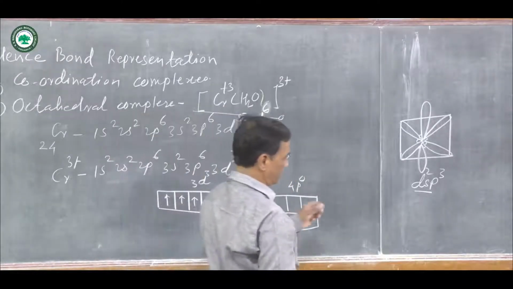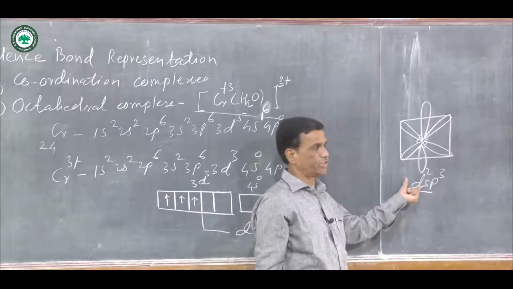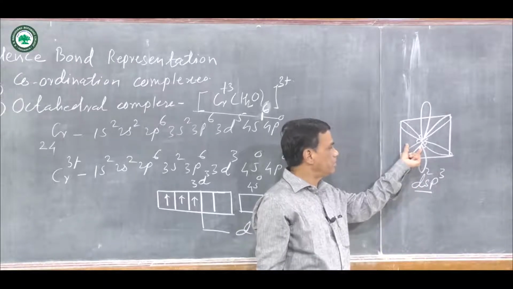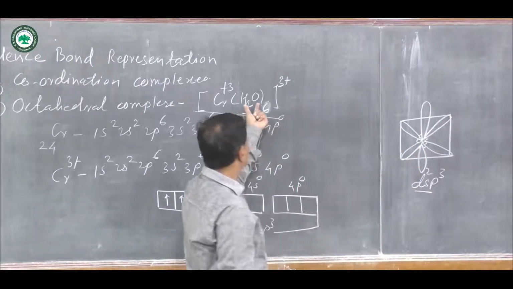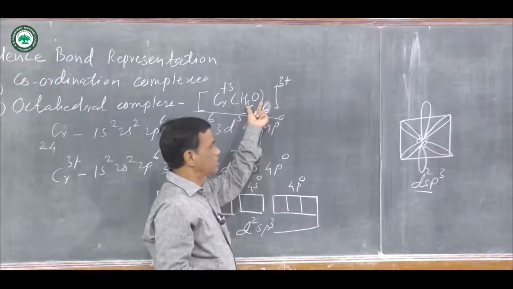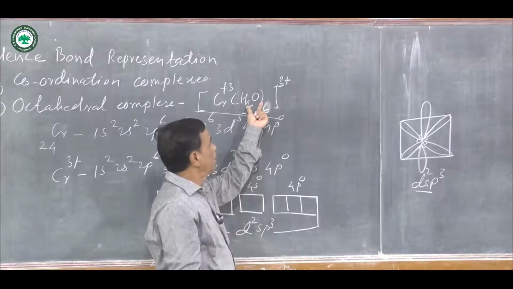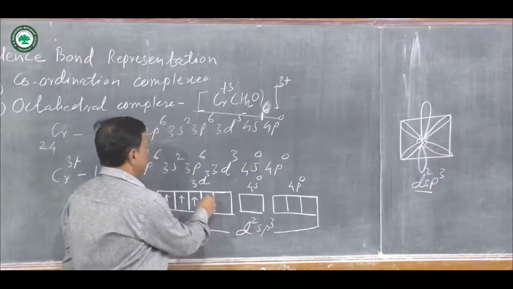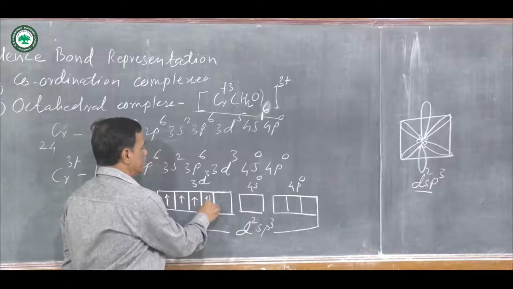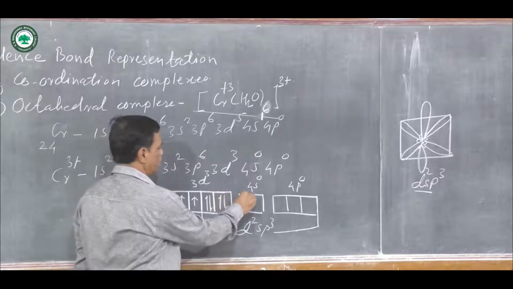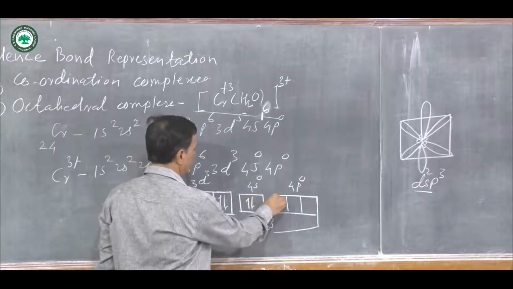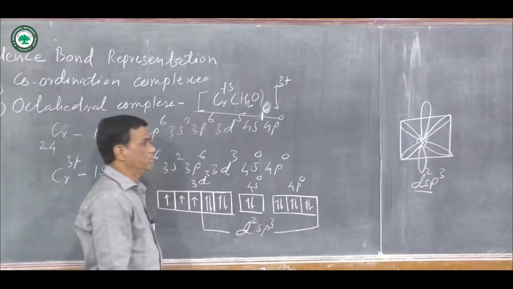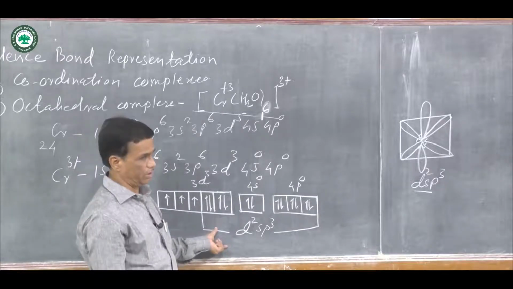They are equivalent. Then these empty hybrid orbitals overlap with atomic orbitals of the ligand H2O, and there are 6 ligands. These 6 ligands donate 12 electrons, meaning every ligand donates 2 electrons, and the total number of electrons is 12.